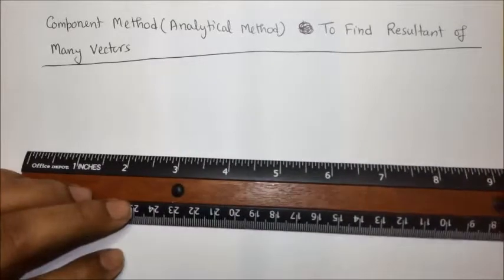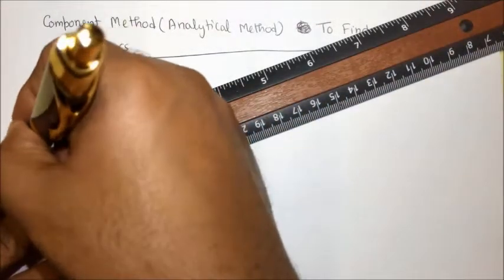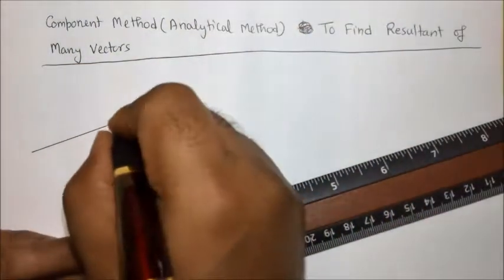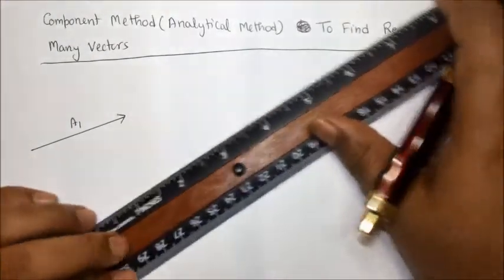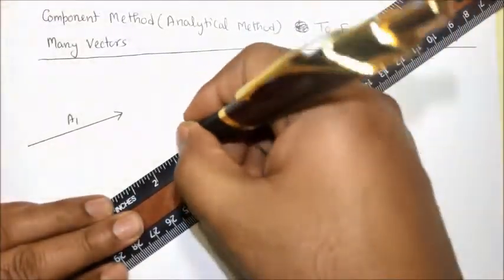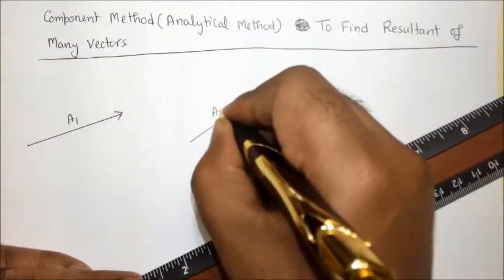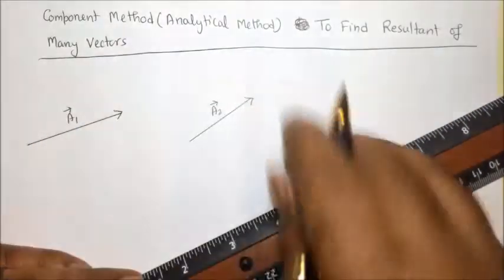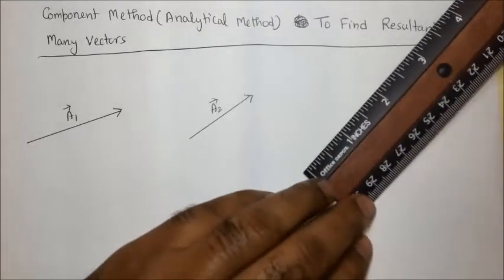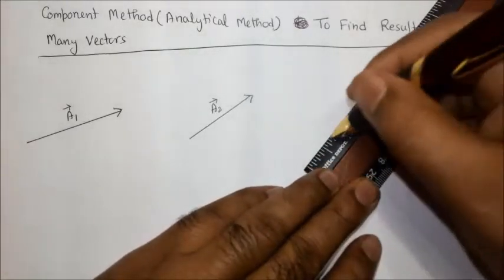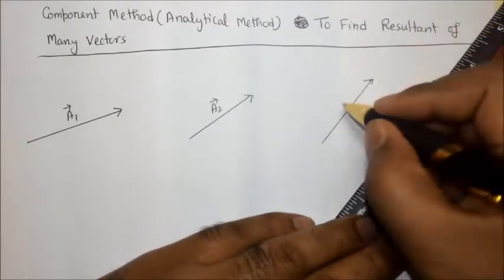So suppose I have several vectors. Suppose one is this, a1, another is this, a2, and another is this, a3.